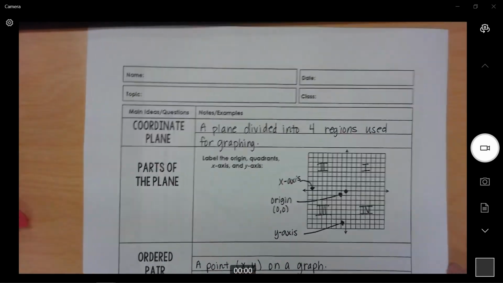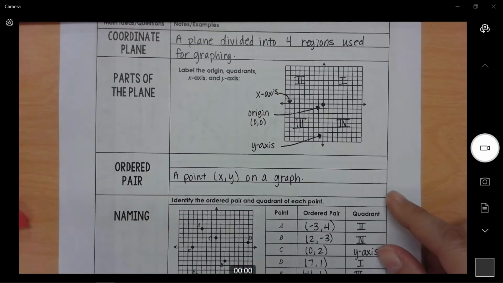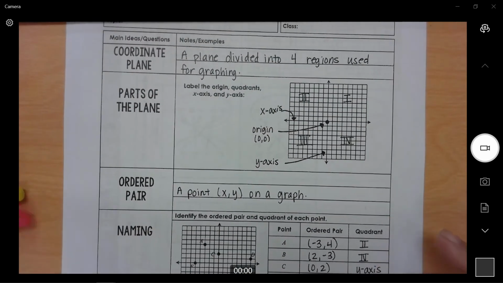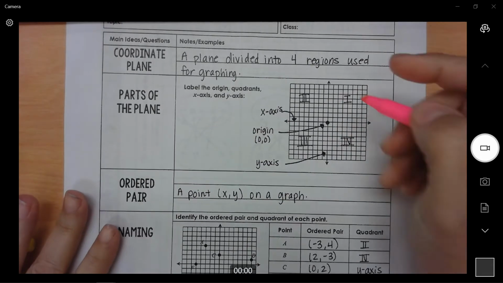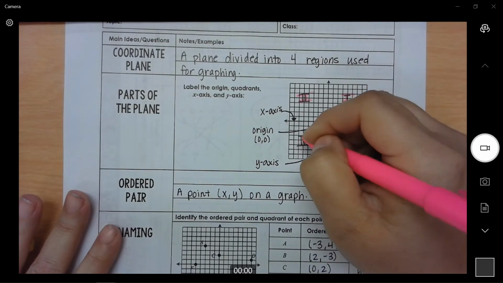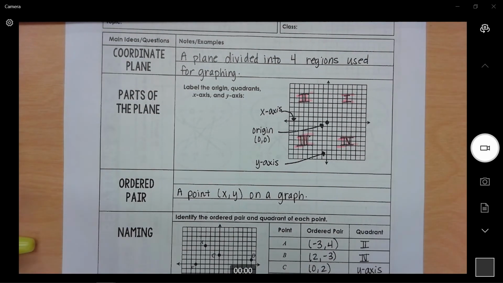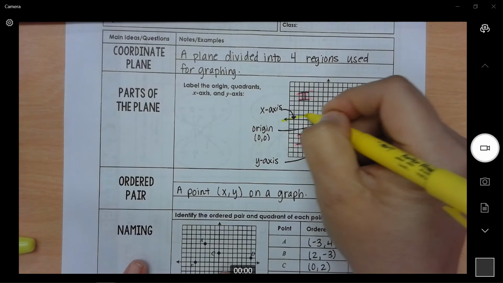Okay. So now that we've gone over some vocabulary, we're going to look at the coordinate plane a little bit closer. A plane divided into 4 coordinates used for graphing. We just talked about that. So we have the 4 planes, or the 4 quadrants, rather. We have our x-axis.